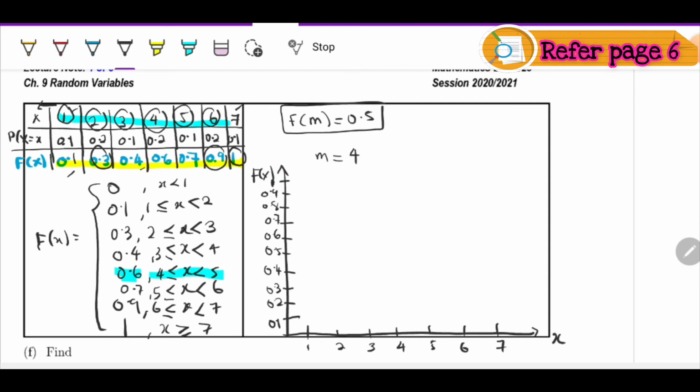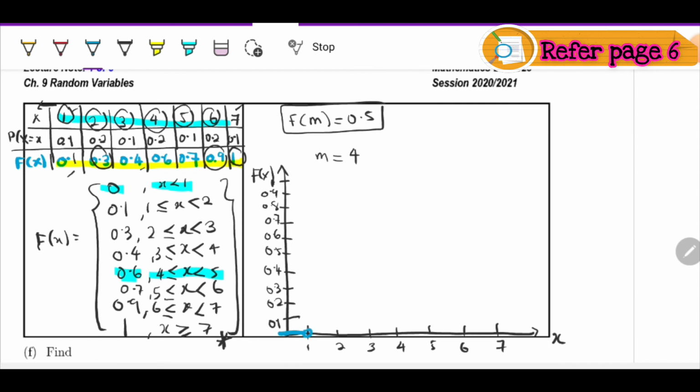To sketch the graph of the CDF, read the CDF function. When x is less than 1, F(x) is 0.